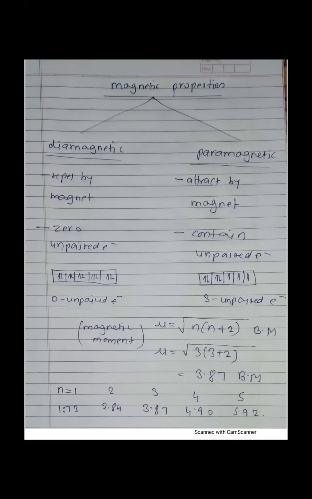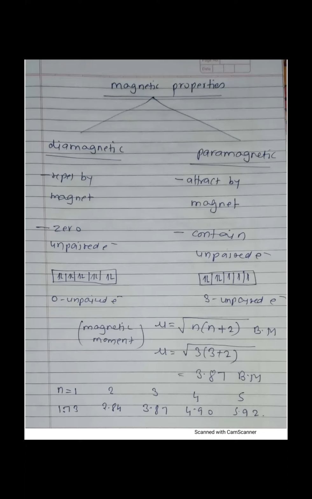So how do we identify which element is diamagnetic or which is paramagnetic? Very simple. The elements or ions with 0 unpaired electrons are diamagnetic.